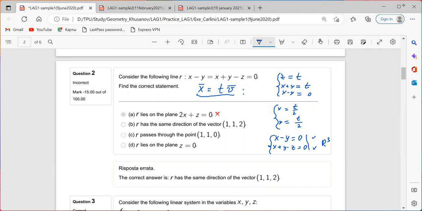It means that these two planes go through the origin point. So the plane x minus y equals 0, and the second plane also, will go through the origin point. That's why the intersection of these two planes also will go through the origin point.